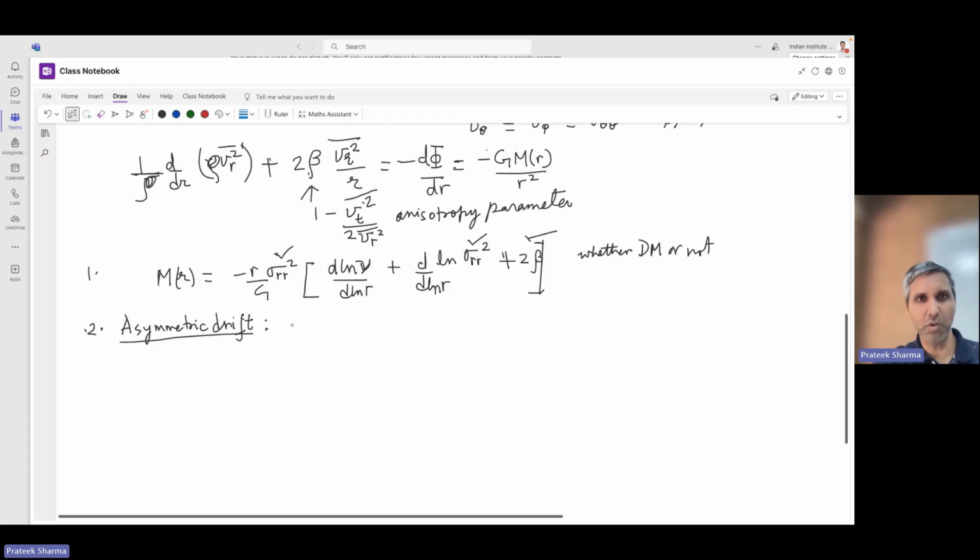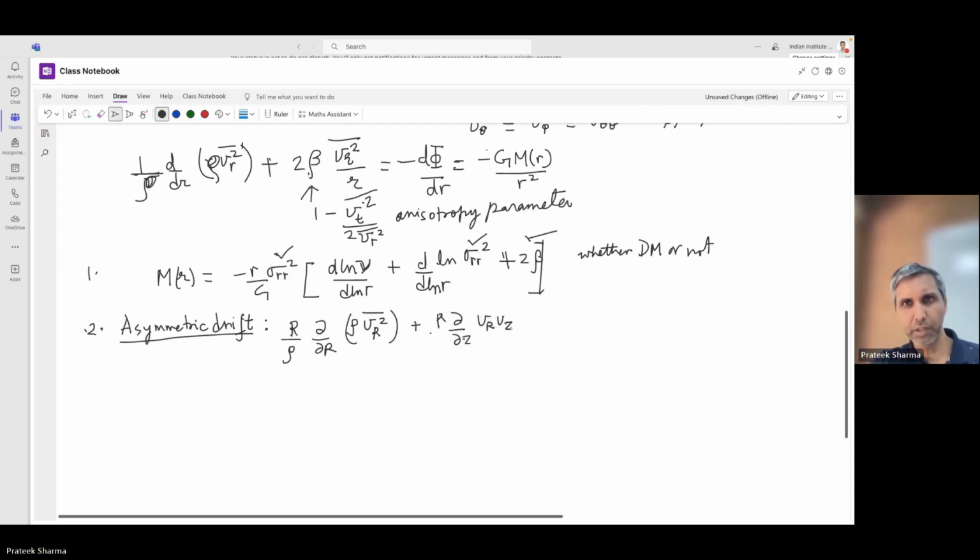This is basically the Jeans equation in cylindrical coordinates: rho and nu are interchangeable, plus the R, z cross term v_R v_z bar. What we are doing is applying the radial equation of motion at z equal to 0, so we are looking near the solar disk, taking the distribution at z equal to 0.